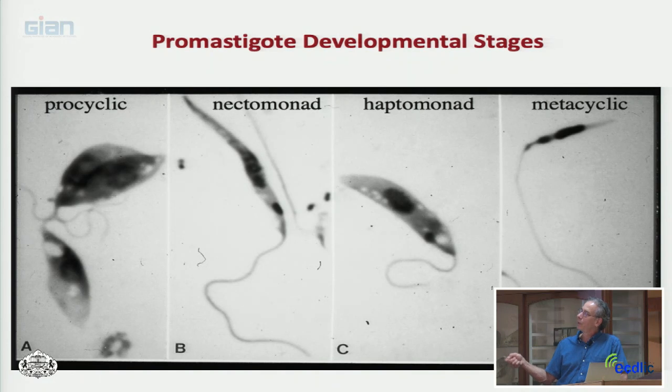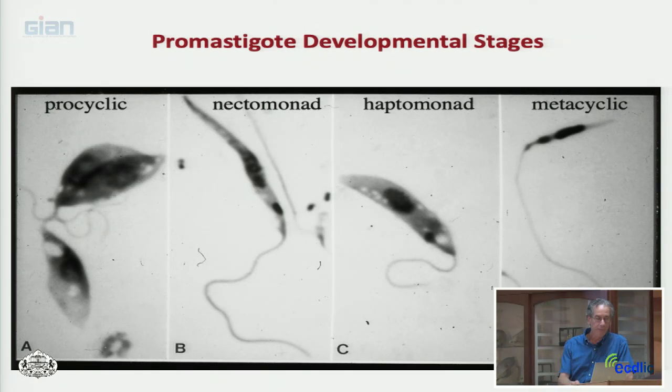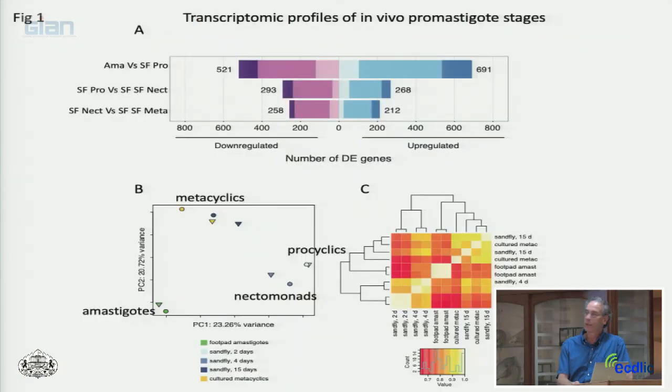But we do at least generate impressive propagation. They multiply beautifully, and you do get, at least in culture, some of them differentiate to metacyclics. But in the sandflies, the differentiation to metacyclics is really impressive compared to culture.